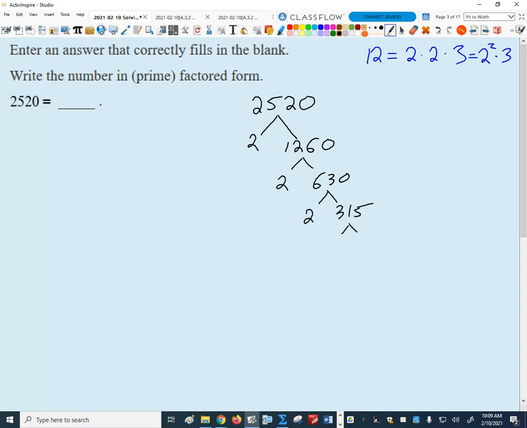I can't remember if I've showed you this or not, but if you add the digits up of a multi-digit number, like 3 plus 1 plus 5 is 9. If the result is divisible by 3, then the original number is divisible by 3. You guys all know that trick? Okay, that's a good trick. So we know 3 goes into this, and it goes into 105. Okay, now what?